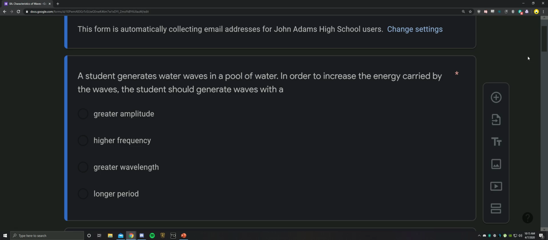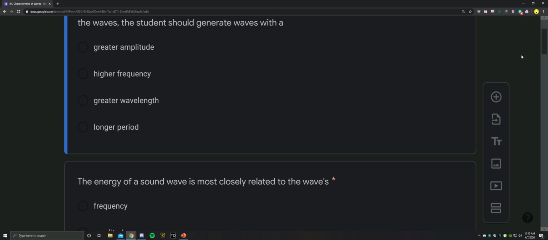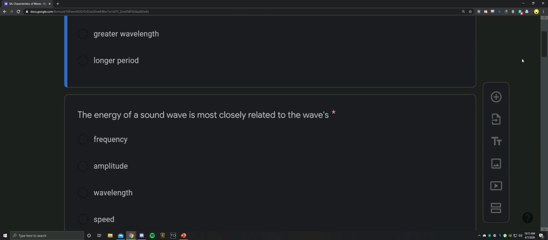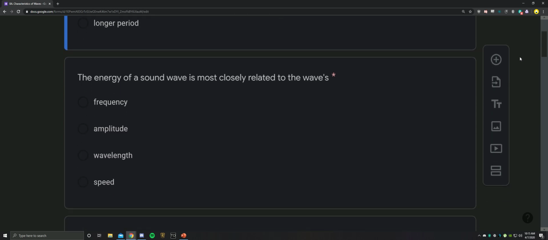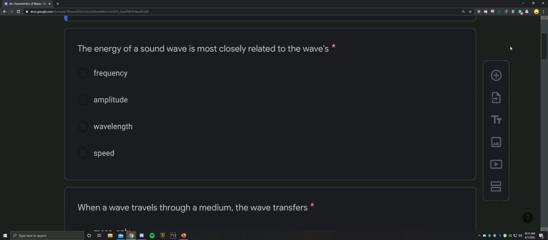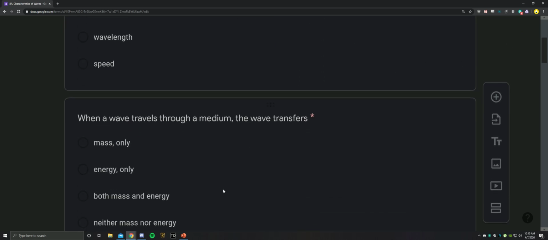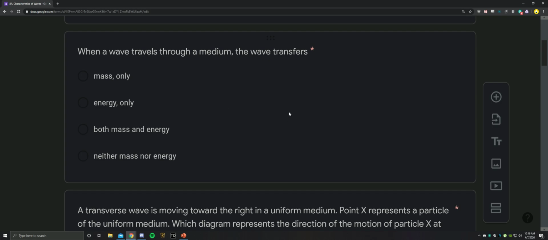You know that energy is related to amplitude. So the higher your wave is, the greater your energy, and that means you need a higher amplitude. Energy is represented by amplitude. You guys can answer this one. We talked about this in the video. This should be simple.